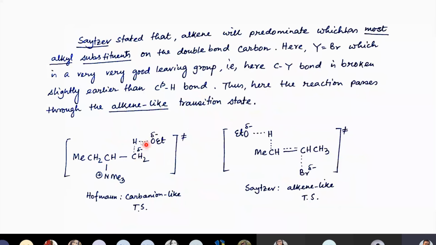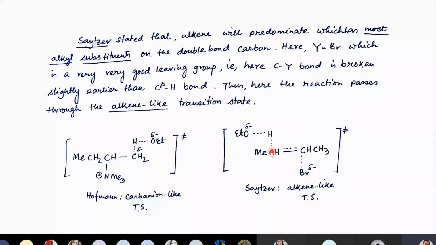This can be visible if you draw a Newman projection formula or a Sawhorse projection formula. You can easily see that this OH minus will face less steric crowding to pick up this proton because there are only two protons. But if it is a Saytzeff product, if this base is very bulky, it will have a little bit of difficulty to pick up this proton if there is a methyl group present here or maybe another substituent.